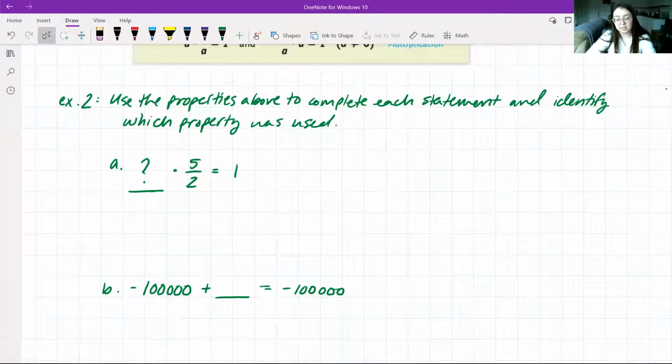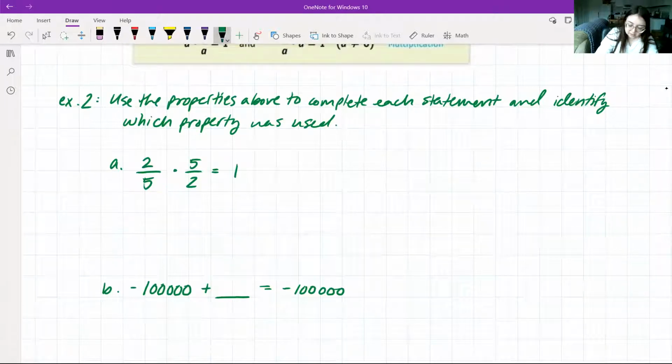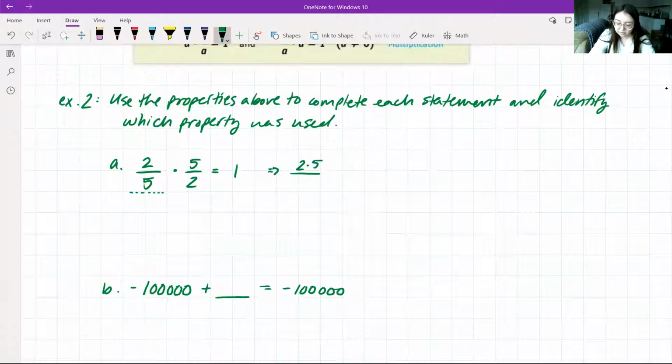So the only number in this case that would make the statement true would be if we had 2 in our numerator and 5 in our denominator. And this is not a fraction bar. Remember, this is just saying whatever number belongs here. So this would make our statement true. And we can check this statement, because if we multiply 2/5 by 5/2, we would get 2 times 5 divided by 5 times 2, which is equal to 10 divided by 10, which we know from the property of 1 is just equal to 1.